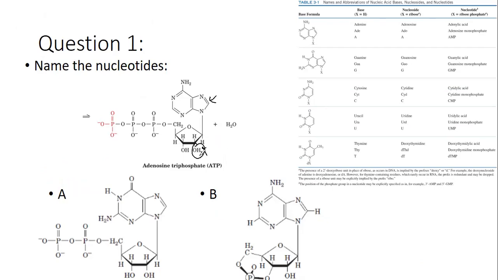And then we have 3 phosphates, 1, 2, 3. So I'll give people like 30 seconds or so to determine what the 2 things I'm showing there on the bottom are called. This is another example of a question you might get.